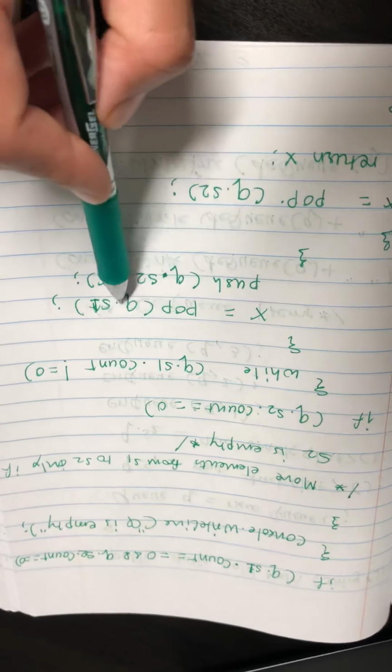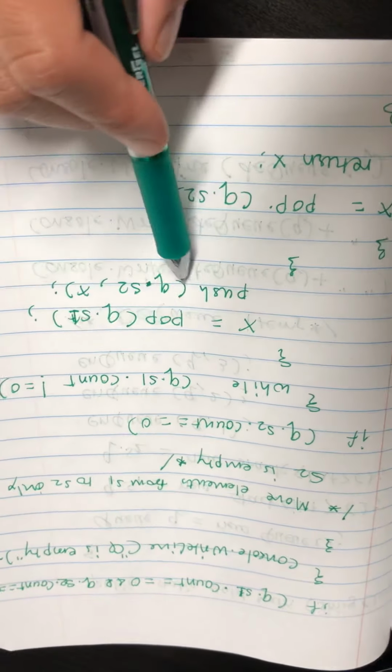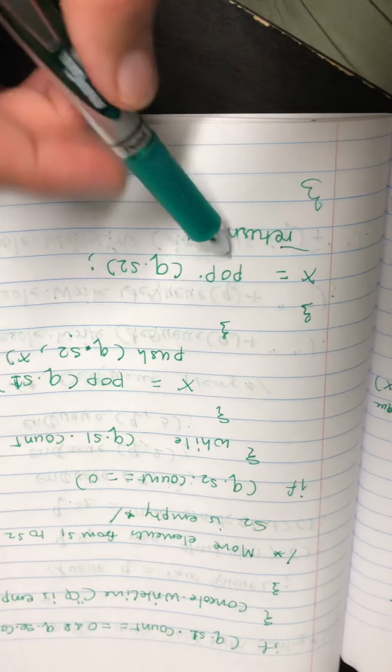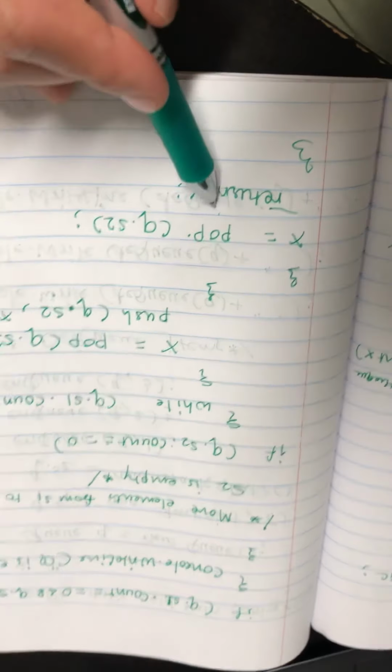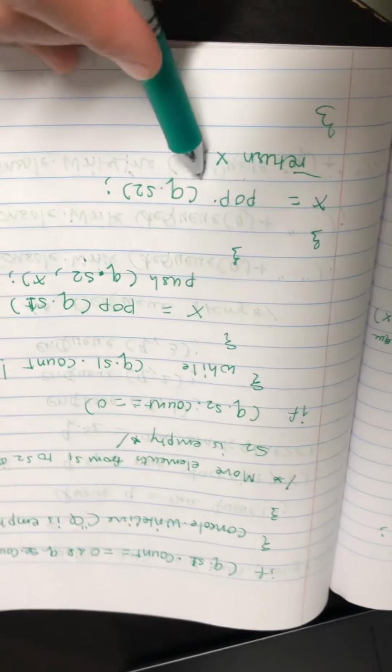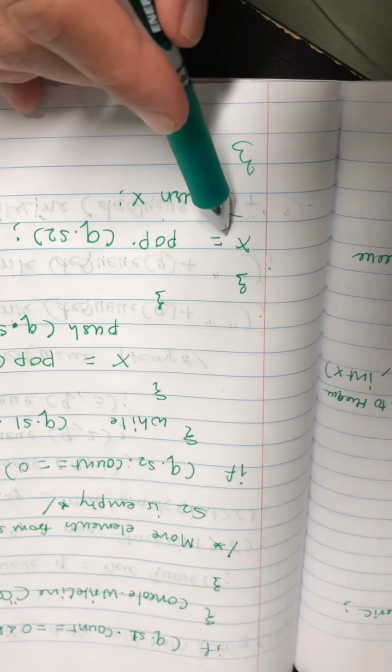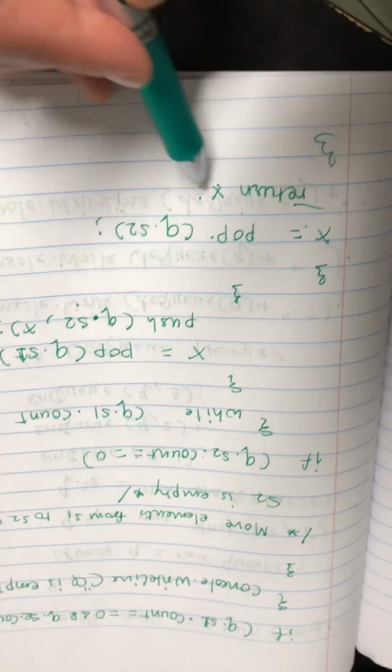We pop all the elements of stack S1 and push them to stack S2, and then for giving the DQ or first in first out element, we just pop the stack S2, assign it to the variable x, and return this x.